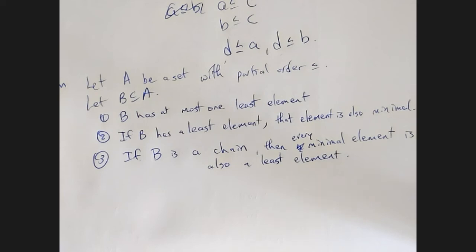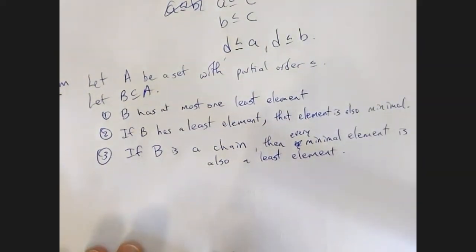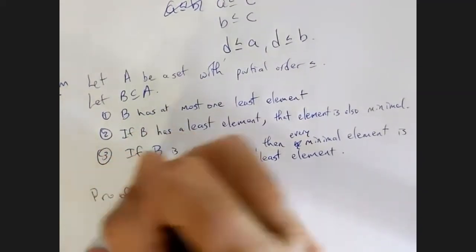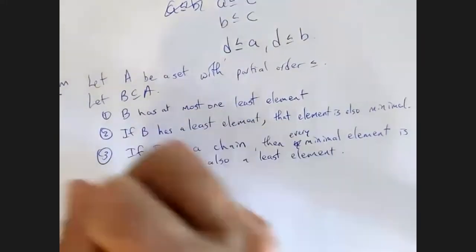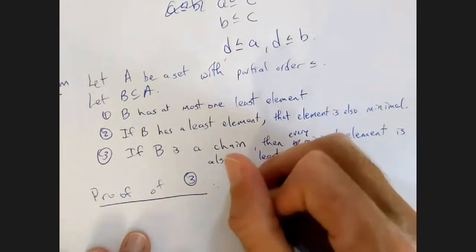Let's just show the third property: if every element of B is comparable, then let's show that a minimal element is also a least element. Let's do the proof of 3. Assume B is a chain.